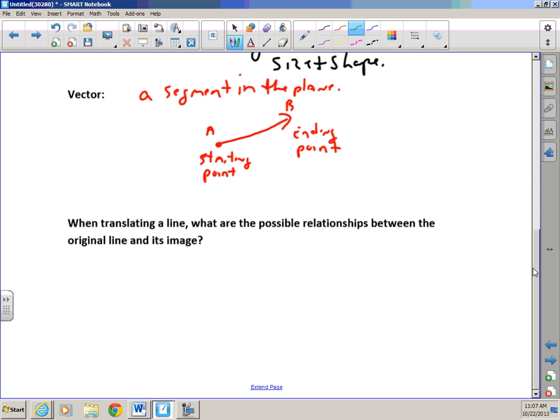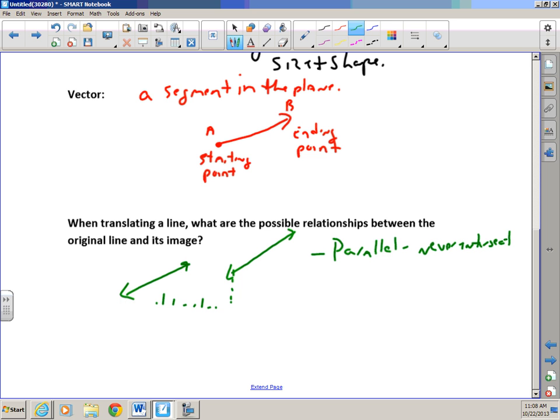Finally, let's say I have a line and I want to translate it. So I want to move it, let's say, to the right and up. Well, if you take a look, the relationship between these 2 lines is that they are parallel, meaning never intersect.